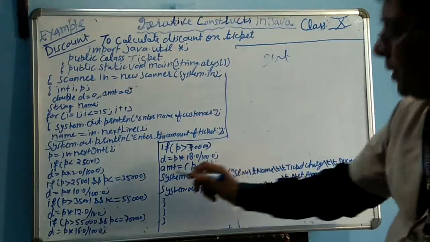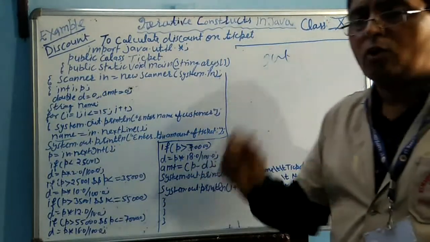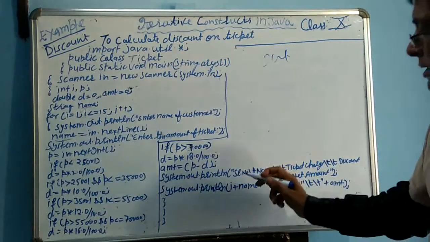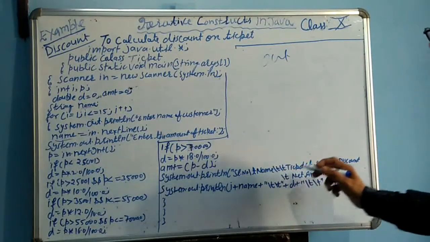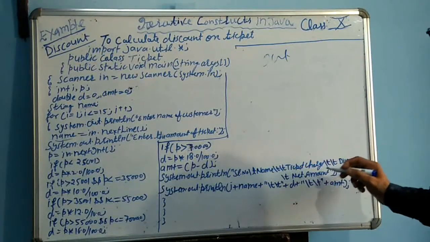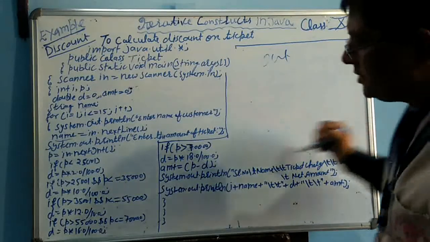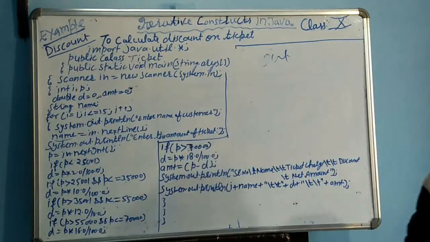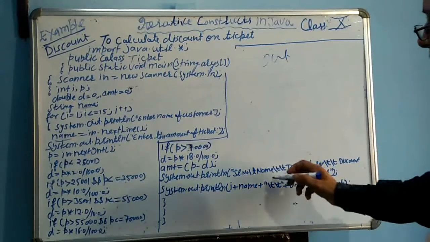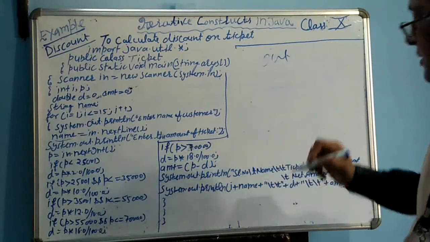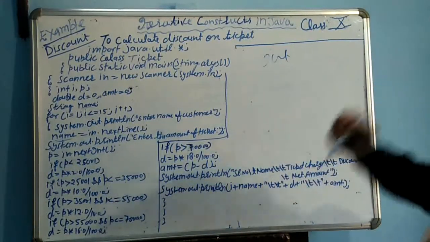After that it will print the first line according to the question. It will print the serial number, then name, then ticket charge, and then discount. These are the headings. Now you see we have already given \t, the escape sequence t, here.